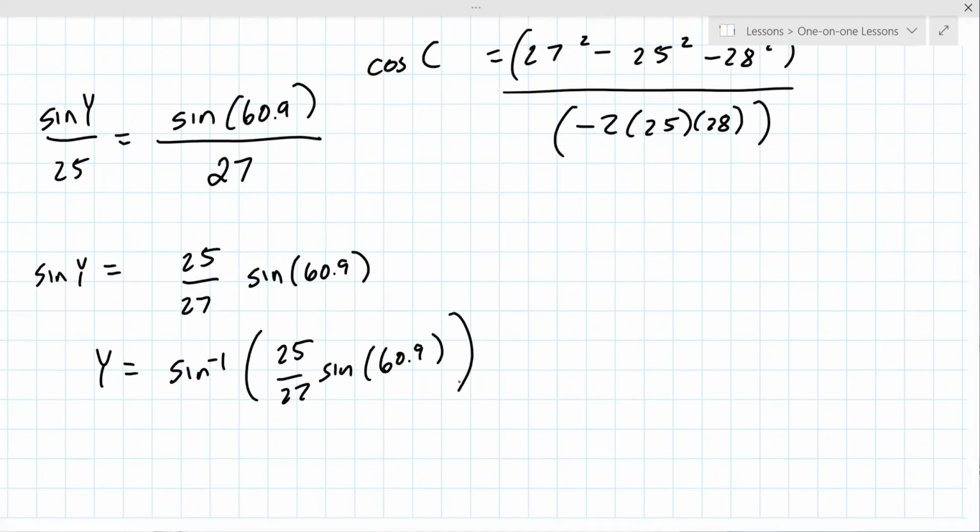And that should be, again, pretty close to 60. The reason I can tell is because all the side lengths are about the same, which means it's close to an equilateral triangle. There's not some magic that I know about these.